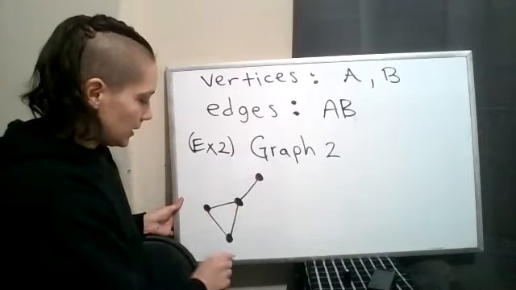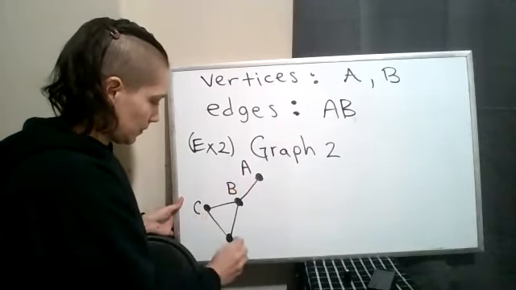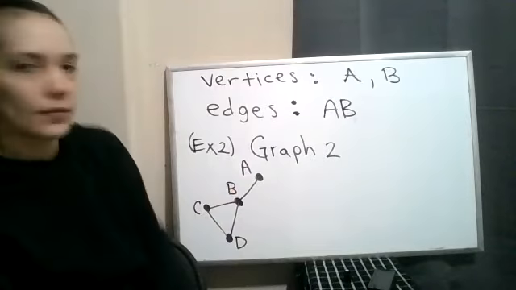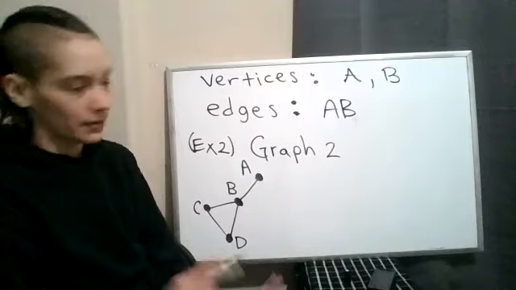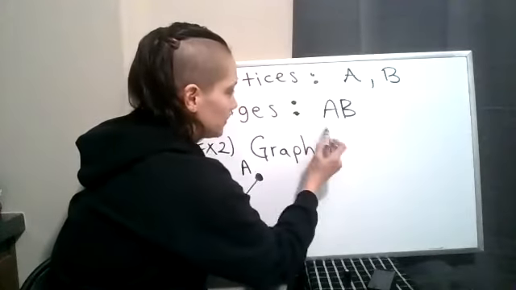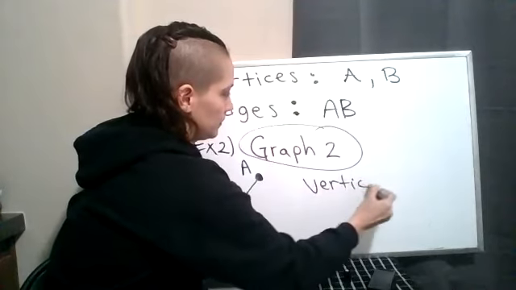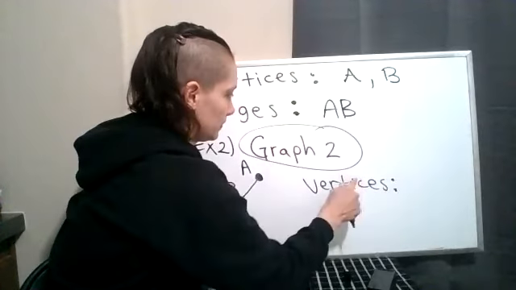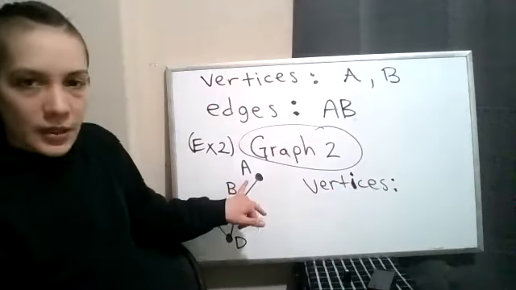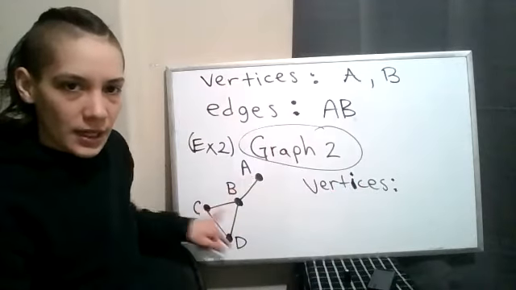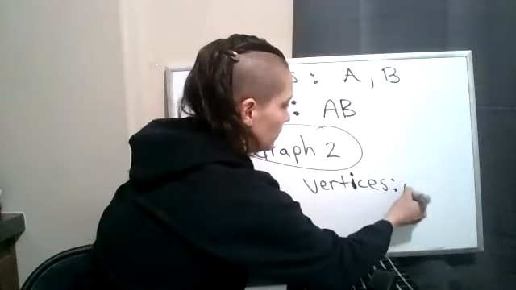And A, B, C, D. So we're listing vertices and edges, and that's the goal for the rest of class. So it's these dots here, A, B, C, D. They don't have to be in order, just separate them.